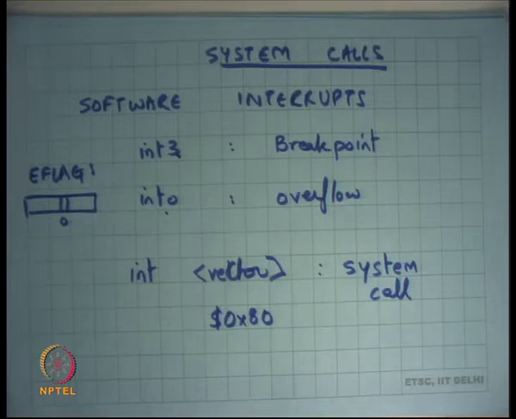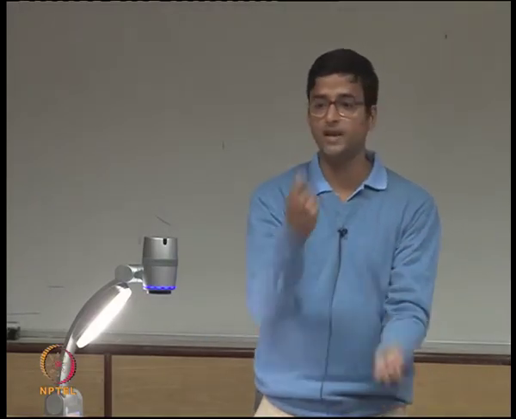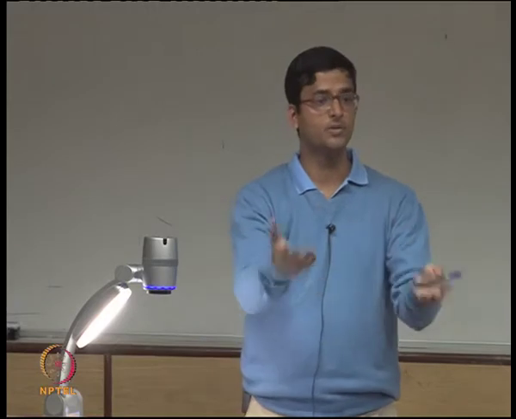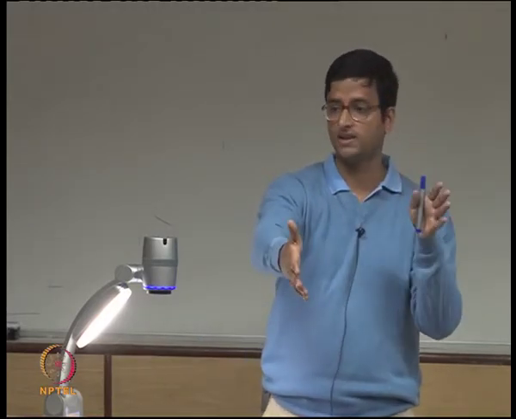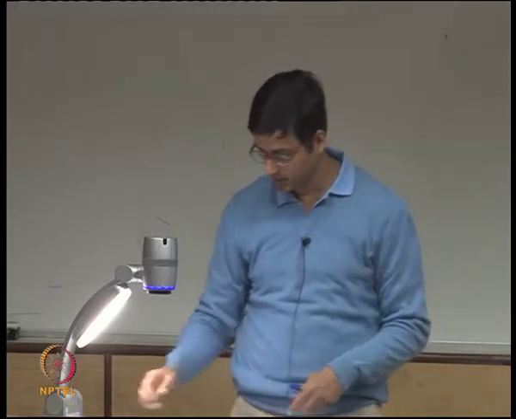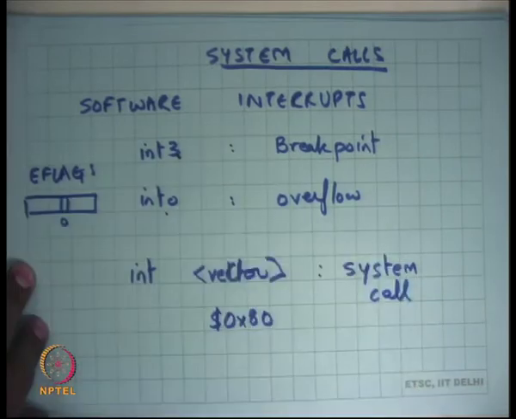It's also going to assume that the arguments of the system call and the system call name itself are stored in certain places. For example, they're stored in the registers, and so it's going to read the values of the registers to figure out what system call I need to execute. For example, exec, fork, etc., and what were the arguments to it, right? For example, the address of the string for exec, etc.